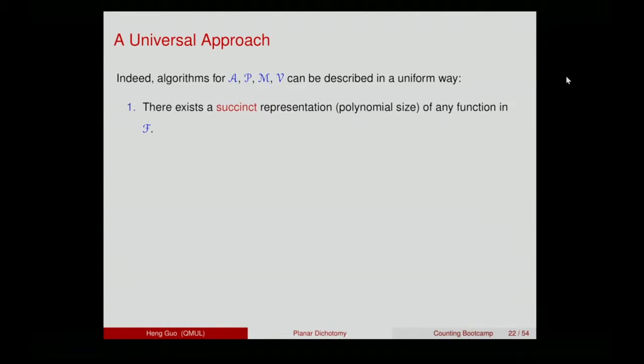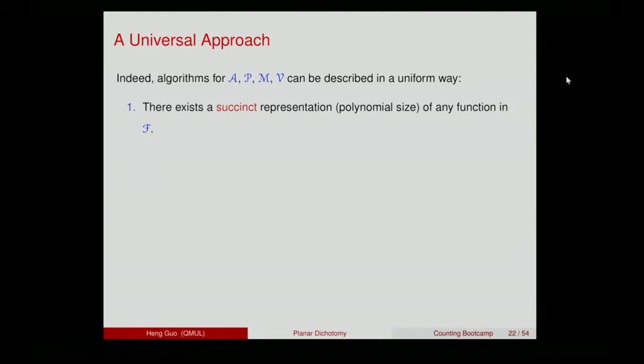It has two ingredients again. First of all, we have a succinct representation. By succinct, we mean polynomial size in terms of the arity. This seems to be trivial for symmetric functions because we can just list the d plus 1 many entries, which is definitely polynomial.